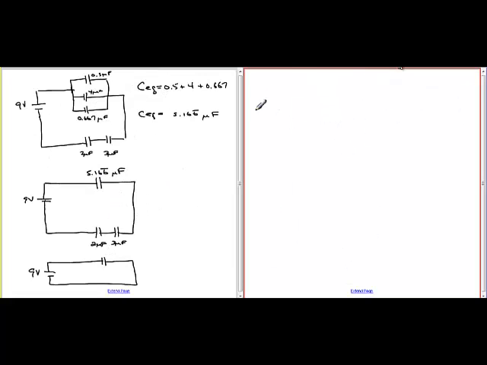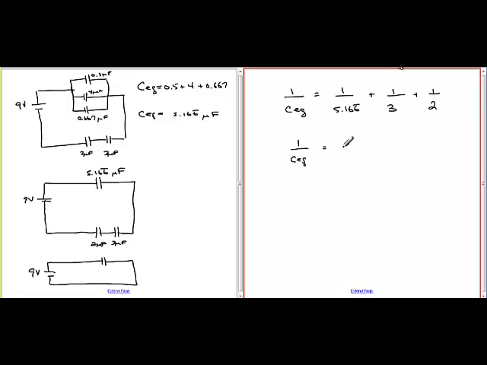So here we have 3 in series, so we have to use the series expression. So we get 1 over the equivalent capacitance is 1 over 5.166 plus 1 over 3 plus 1 over 2, and it might be easier just since we've got decimal points in there to do them in the calculator. 1 divided by 5.16666 plus 1 divided by 3 plus 1 divided by 2 is 1.0268.